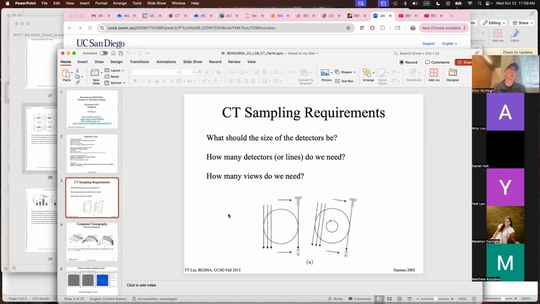So if I have a detector and it has 1,000 elements in it, and I have a field of view and I want to make an image of that field of view, and I know I have this 1,000 element detector, how many angles should I project?